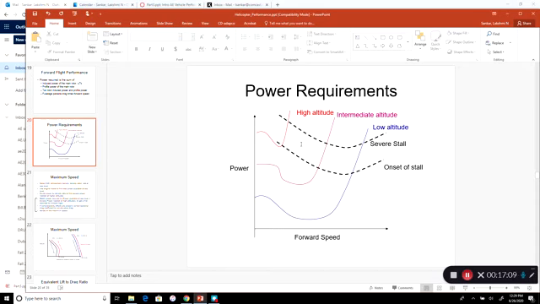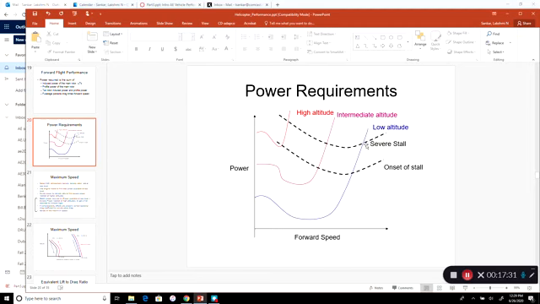Okay. So again, you could use graphs like this, power required, power available, rate of climb, and look at ceilings in forward flight. What are these lines? This means even though you can fly very fast because of power availability, let's say your engine is very powerful, you can fly at this velocity.